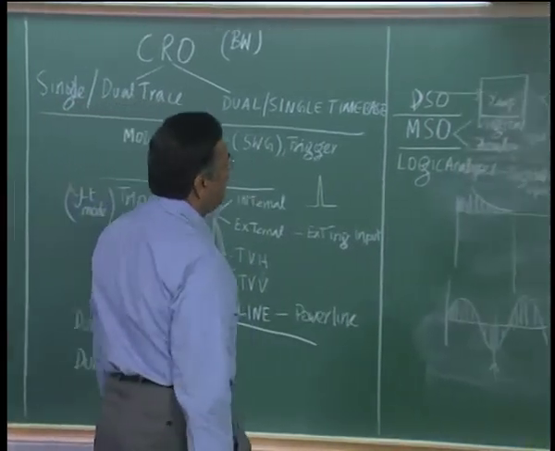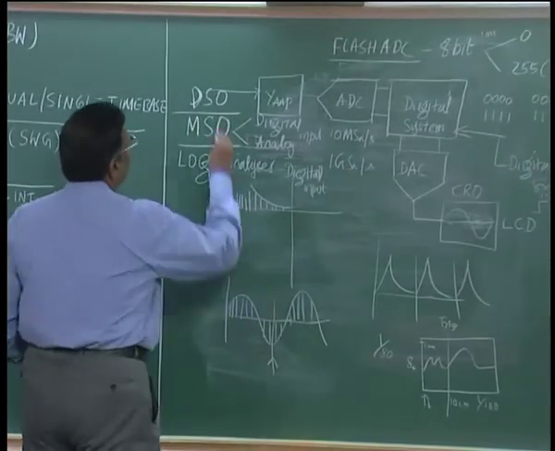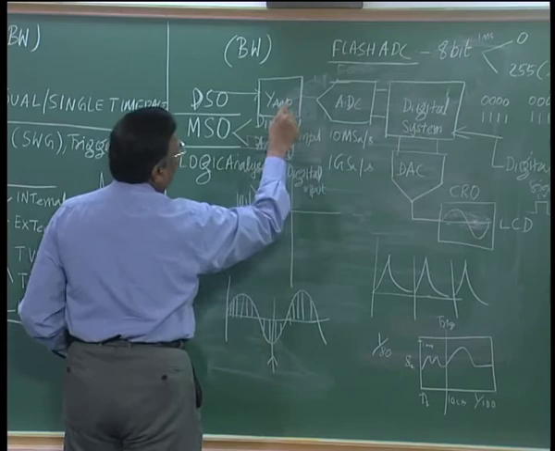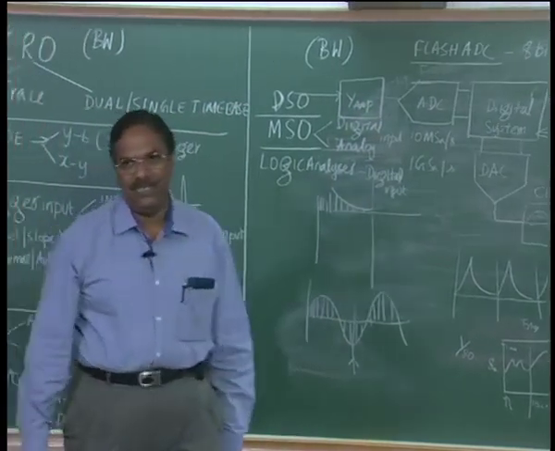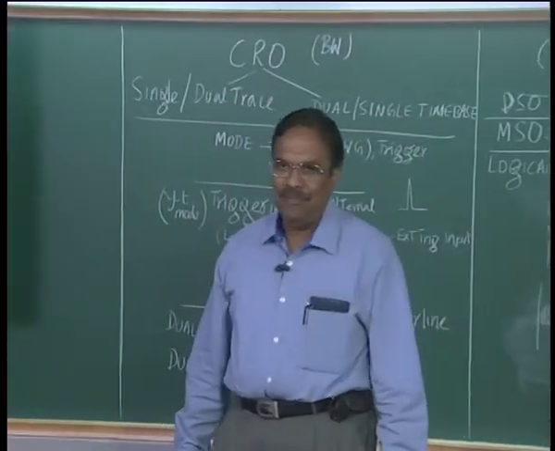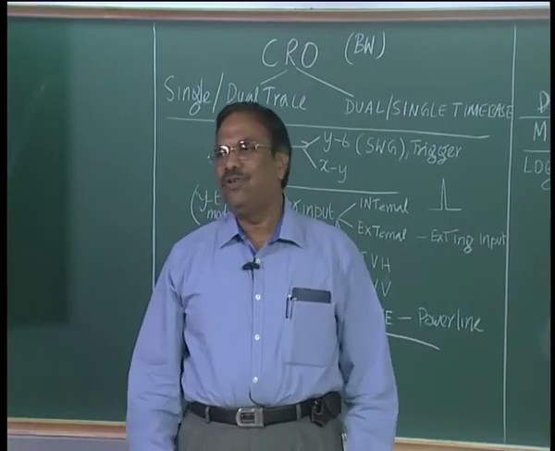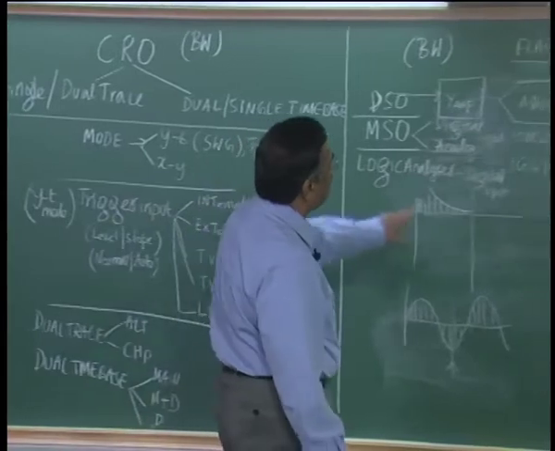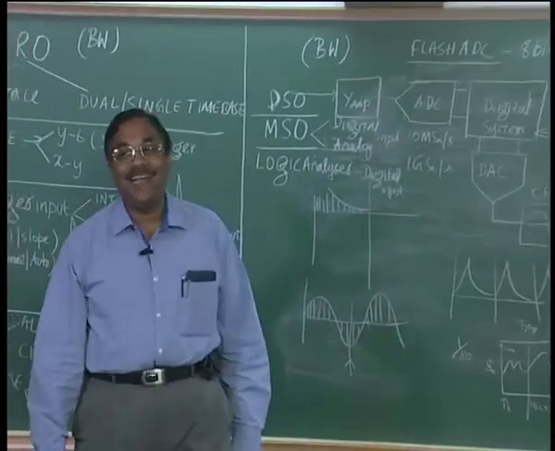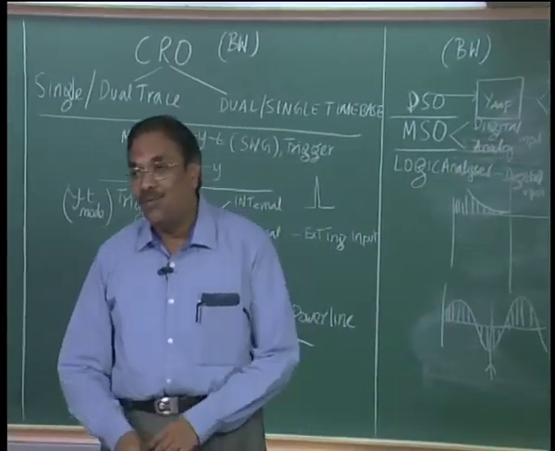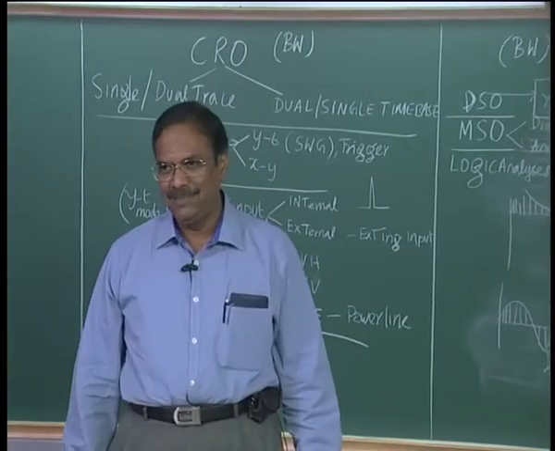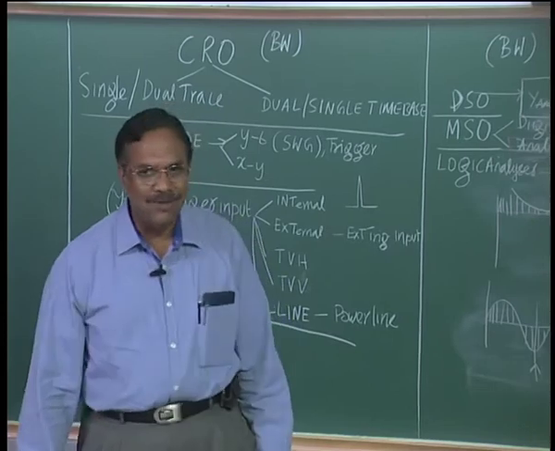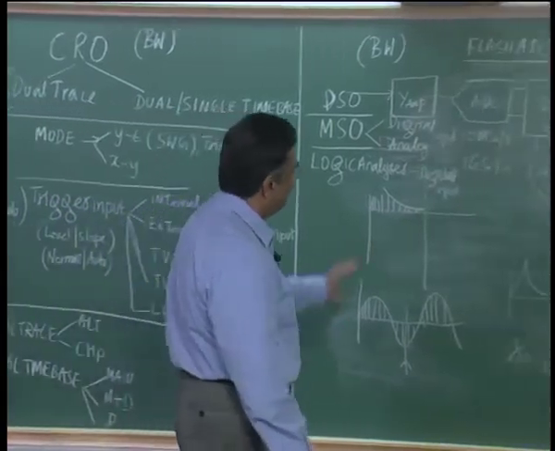On the other hand, in the digital storage oscilloscope we will have bandwidth limits because the Y amplifier comes into the picture and the bandwidth of the Y amplifier is also important, right. And the conversion speed of the ADC also decides the actual one shot bandwidth that you can get, right. The higher the conversion speed, the better the oscilloscope.